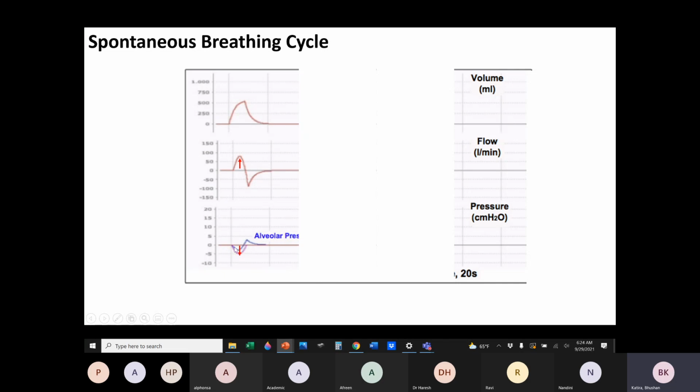Because the alveolar pressure becomes negative relative to the atmospheric pressure, there is a pressure gradient which is more towards the outside and less towards the inside. This generates a flow, which is the inspiratory flow. And that eventually delivers a tidal volume. In an adult, that would be somewhere around 500 ml for a negative pressure of just 5 centimeters of water.